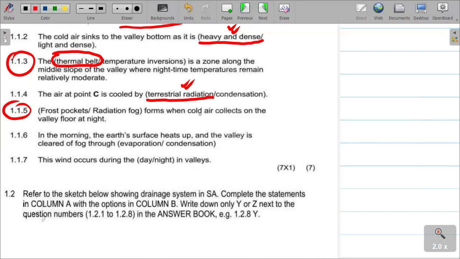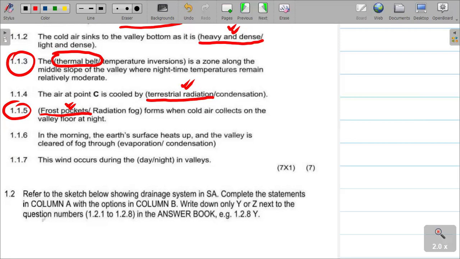forms when cold air collects on the valley floor at night. What is happening is that we have got frosty pockets. Frosty pockets form at the valley floor. Frosty pockets form when air collects on the valley floor at night. What happens is that the air sinks into the river, and then we say that the cold air wedges below the warm air, and then it goes down there.